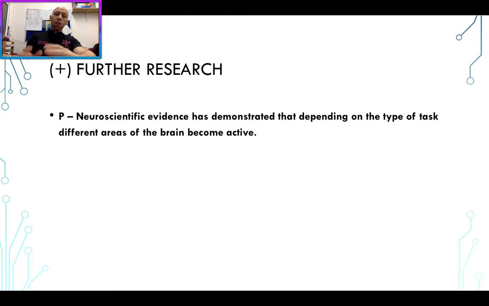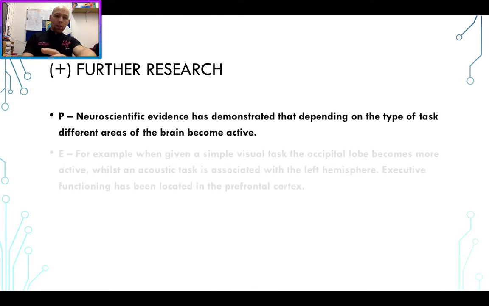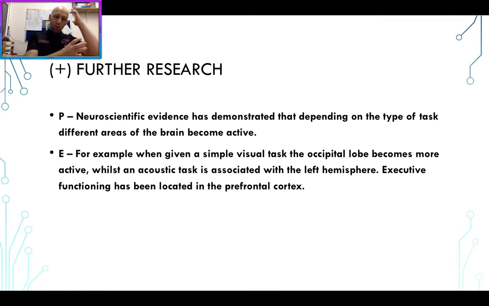Further research, neuroscientific research, has indicated that when we give a visual spatial task or a phonological task, different areas of the brain are actually activated. Now that's really important because we know that the visual cortex is responsible for vision, and in short-term memory, the visual cortex is then responsible for visual processing, i.e. the visual spatial sketchpad, but only for simple tasks.